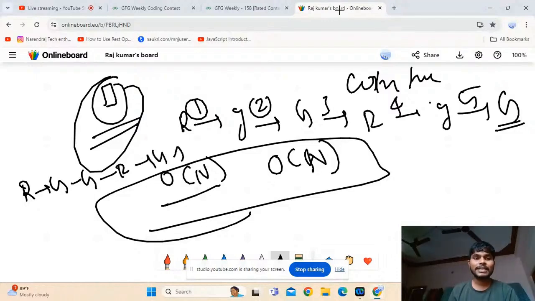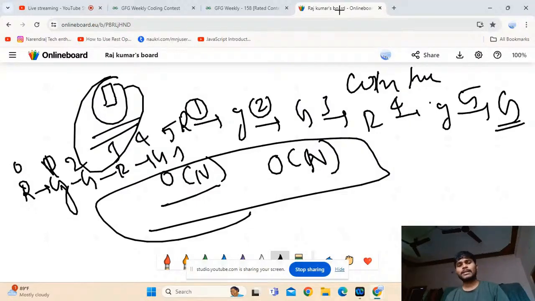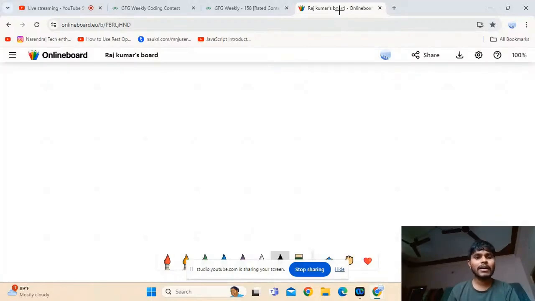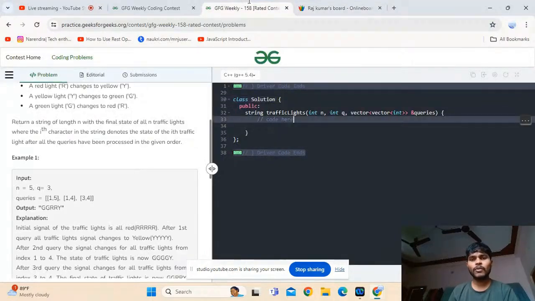Observe guys, here r is 0, y is 1, g is 2, again 3, 4, 5. Here, observe how I calculated, because I will tell you first how we are going to calculate the frequency of each chorus.